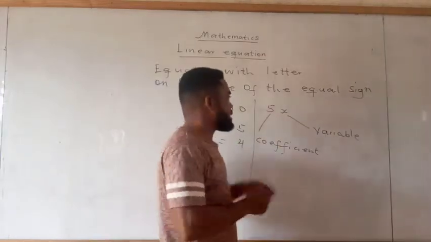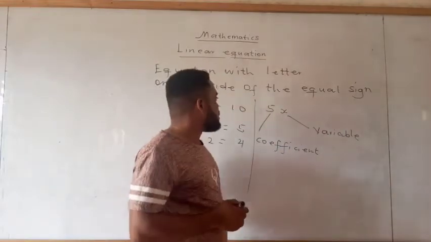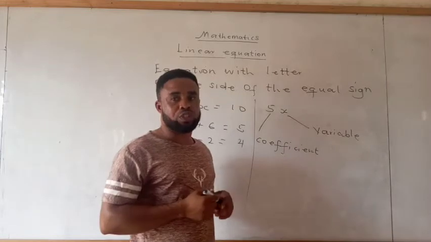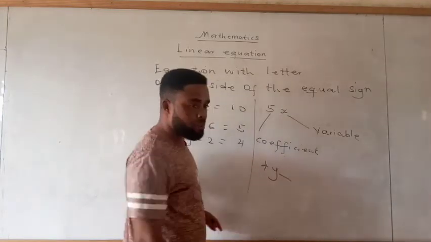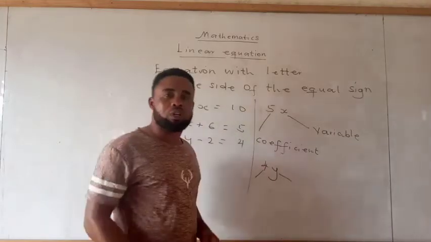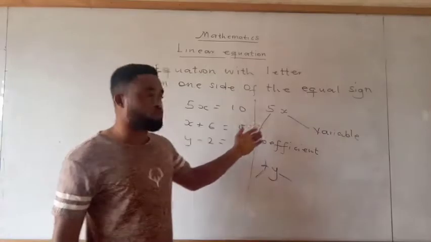So 5x, the x is called what? Variable. And then the 5 is called coefficient. For 4y, y is the variable, 4 is the coefficient. I believe you have understood me.